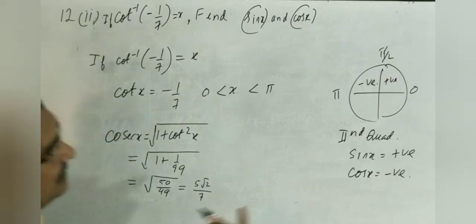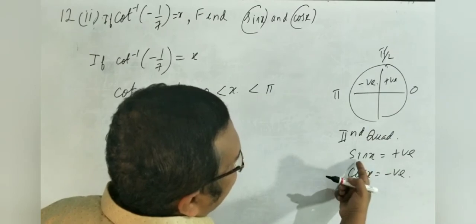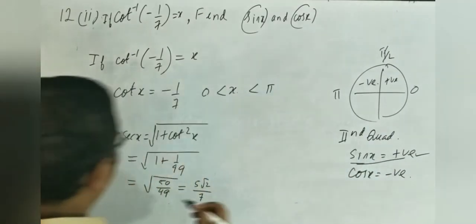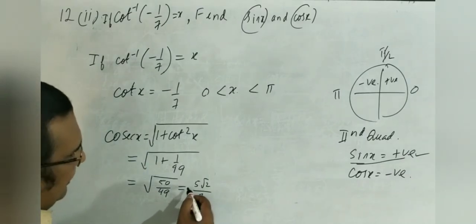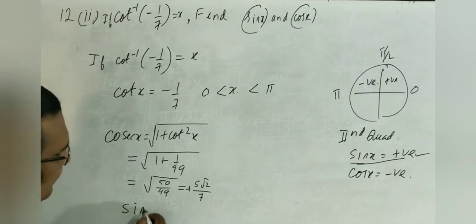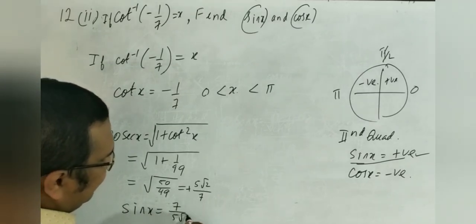Now cosec, second quadrant is positive. Sine in the second quadrant is positive. So I take plus. So what is sin x? Sin x is 7 by 5 root 2.